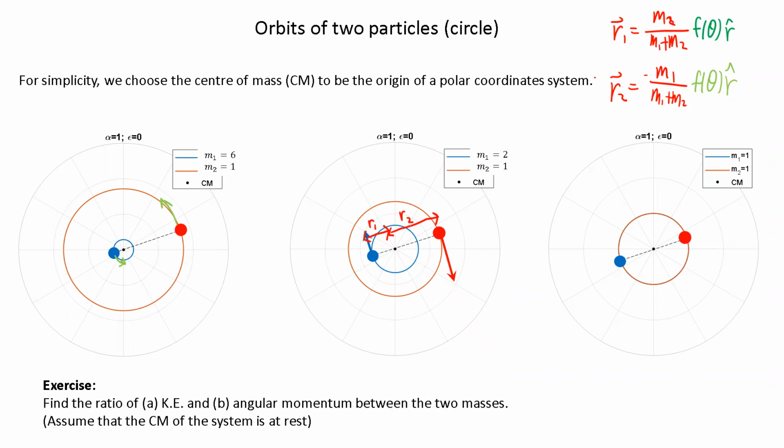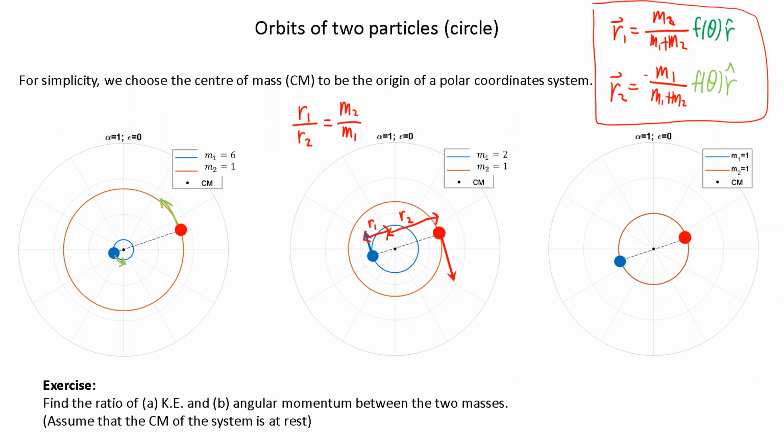From this relation here, I just care about the magnitude, not really the direction. You can conclude that the ratio R1 over R2 is given by M2 over M1.